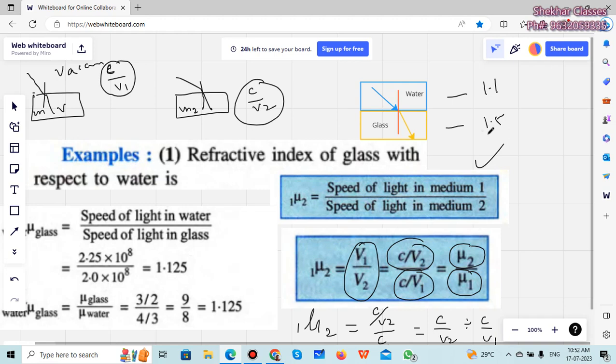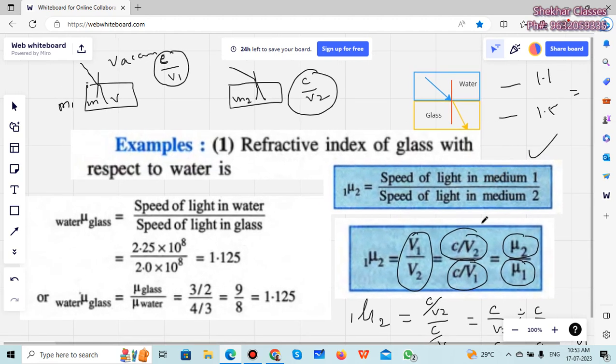Then what is the refractive index when the light moves from water to glass? In that case, it will be the refractive index of the second medium, which is glass, 1.5, and the refractive index of the first medium, which is 1.1. Whatever comes, that will be the relative refractive index.